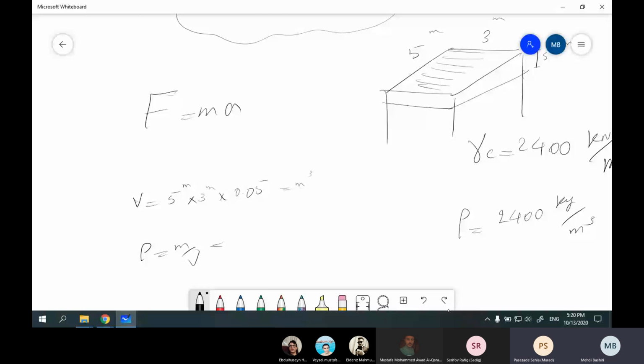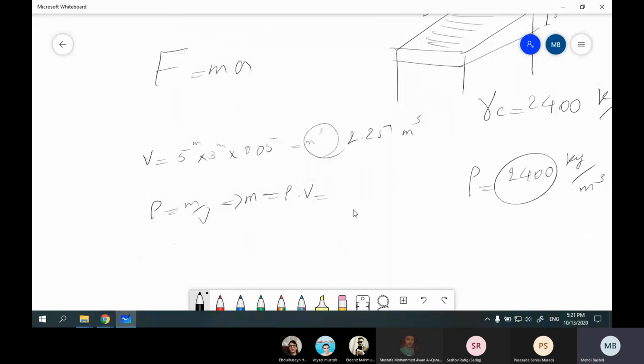This is given. I remember that once you found this specific weight of concrete in the lab, using oil. So m is equal to rho times v. So you have the mass.